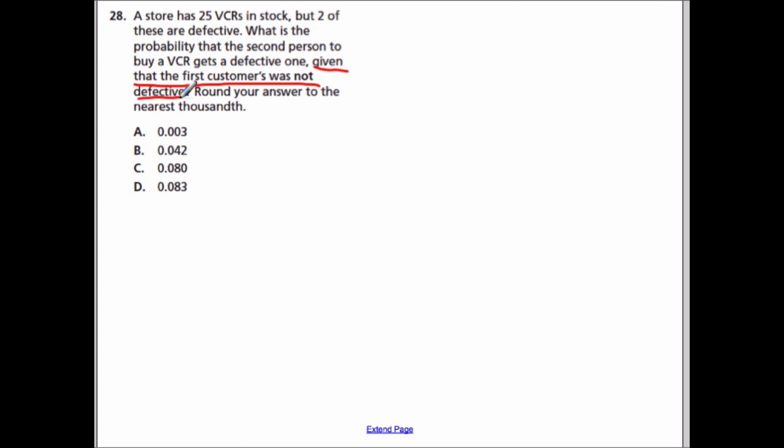So the first customer walks in, there are 25 VCRs. The first customer buys one, and it's not defective. So I'm going to subtract off the 1, which means there are now 24 VCRs because one was purchased. And since the first one bought was not defective, there are still 2 defective left.